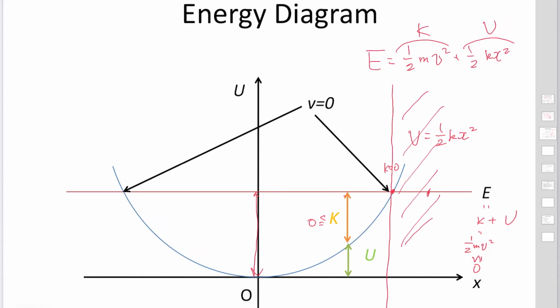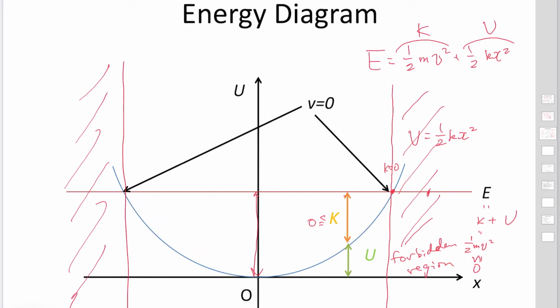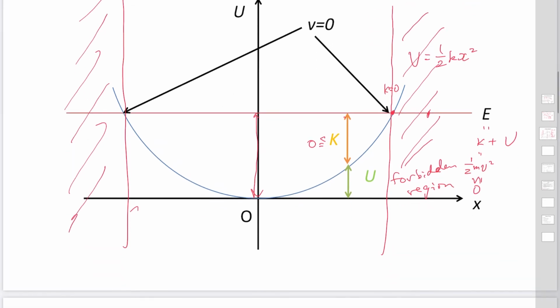This is a forbidden region. The other region, also same reasons, is a forbidden region. The region between the two forbidden regions we call the allowed region to move.